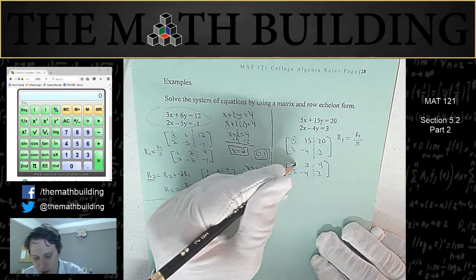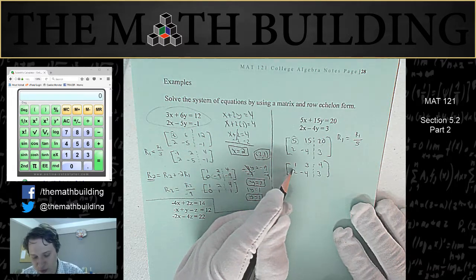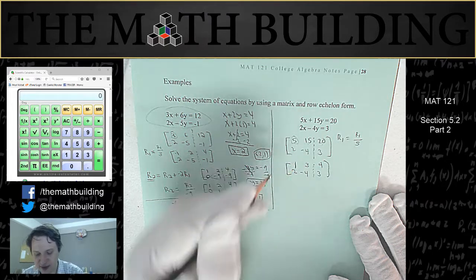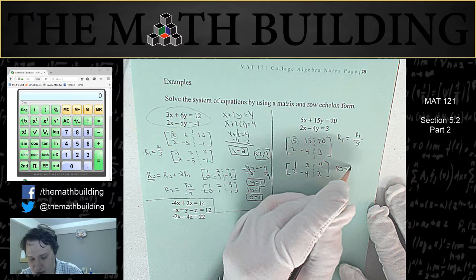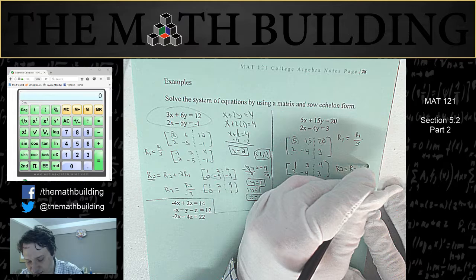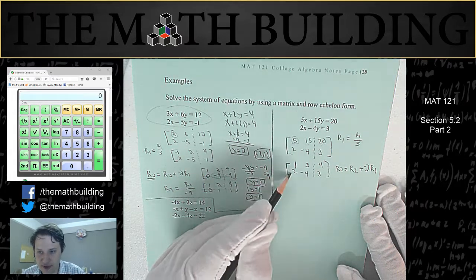Okay, now that this is a 1, we want everything below it to be a 0. So we need to make this 2 a 0, and the whole point of making this a 1 is to make this next step easier. Row 2, we are going to replace with row 2 added to negative 2 times row 1, because that'll make this a 0.